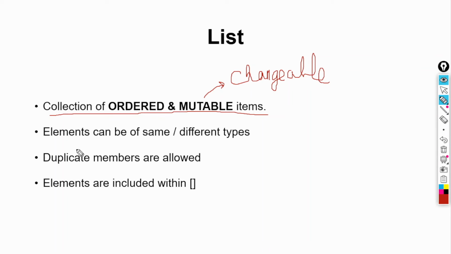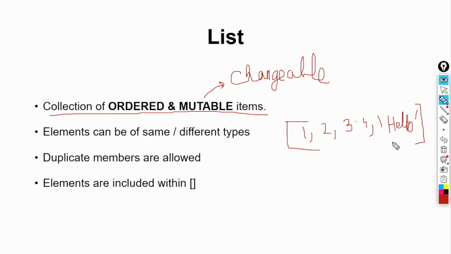Now, elements inside a list can be of the same or of different types. That is, a list can have all numericals, maybe some float values, as well as some string values. A list can have a combination of everything.